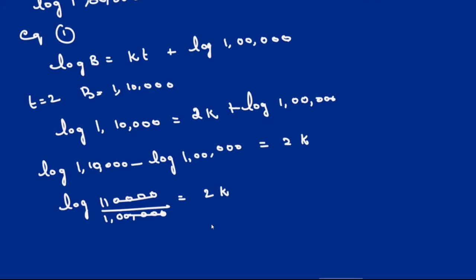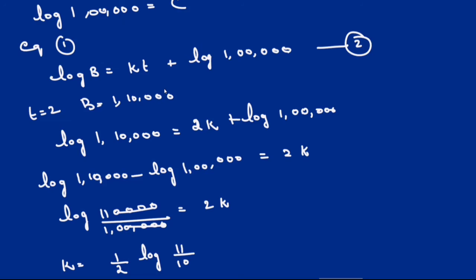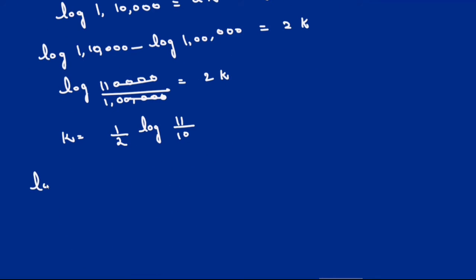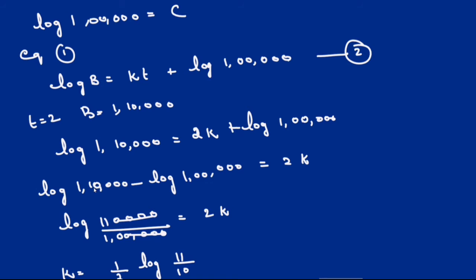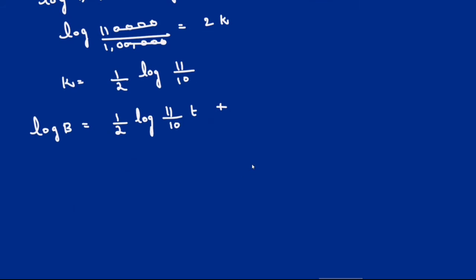So that means k is equal to, bring the 2 here, 1 by 2 log 11 by 10. Okay. So second equation is log B is equal to k, and k we got as 1 by 2 log 11 by 10 into T plus log 1 lakh.